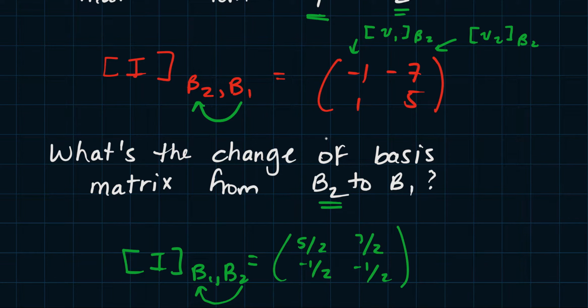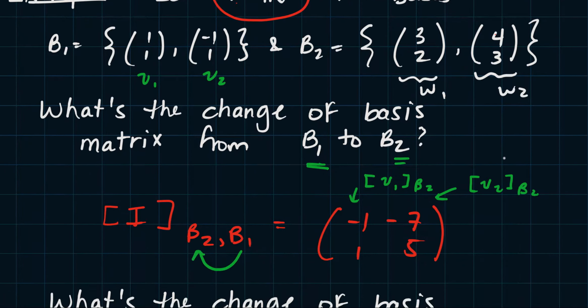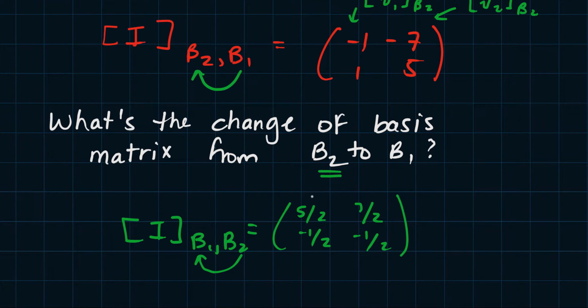I'm going to call this element W1 and this one W2. This column is W1 in terms of B1, and this column is W2 in terms of B1. So we take each one of the vectors in B2 and write it in terms of B1.